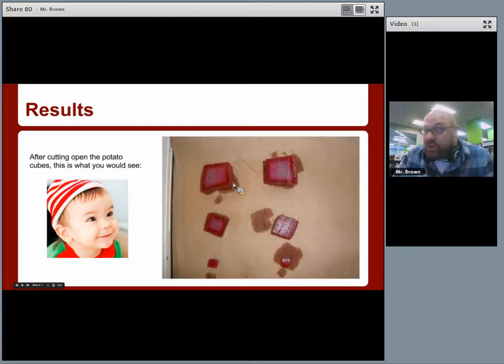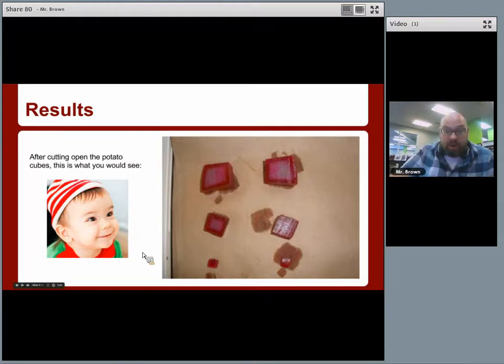So as the potatoes got bigger, they absorbed less dye. The dye didn't go in as far for the largest one as it did for the little one. It decreased every time you went up in size. So there's less dye absorption as the size increases, and that's the same thing for cells.